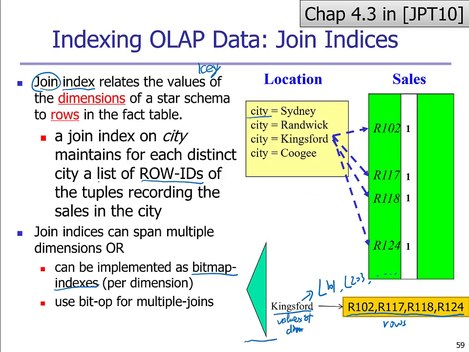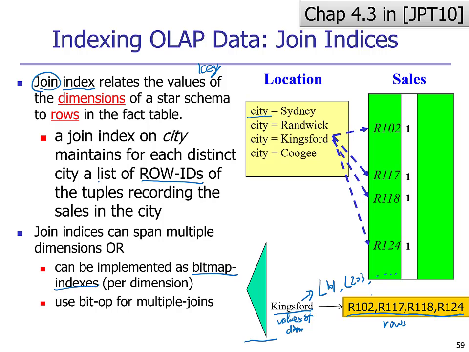Therefore, if this list is not so long, then it might not be a good idea to use bit vectors. It might be better to just use the list, because the list would occupy less space. Okay, it's all about mathematics. You can make the assumption and do the calculation by yourself, and you would see the difference.